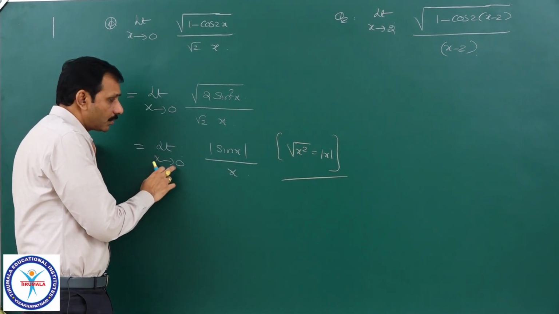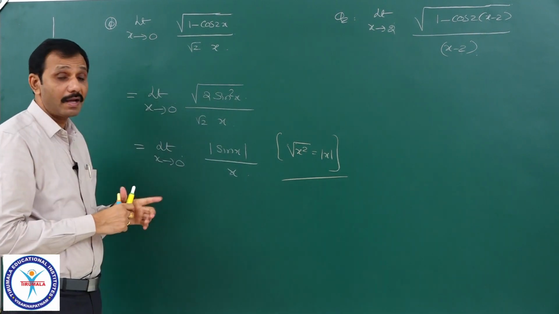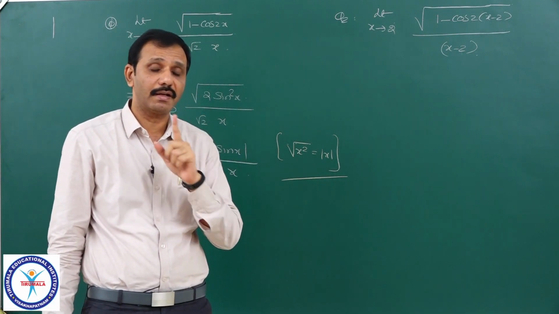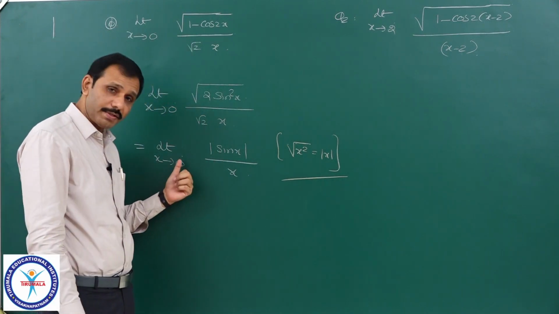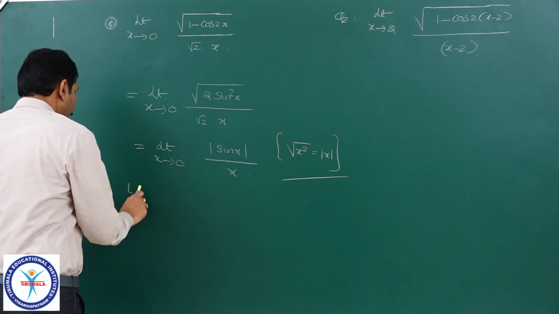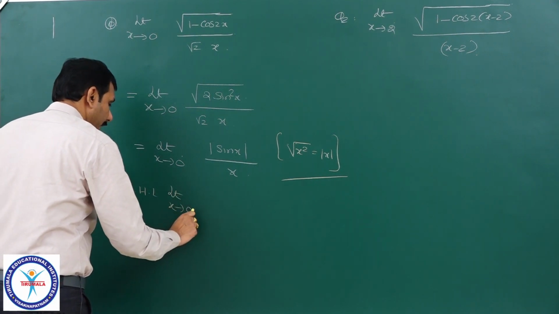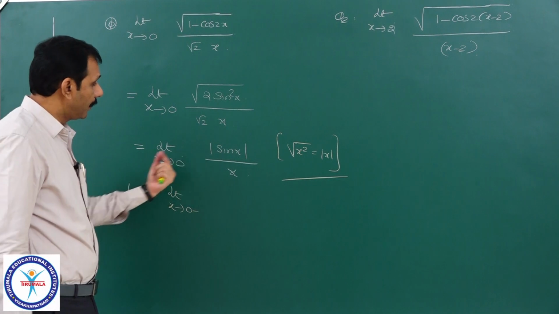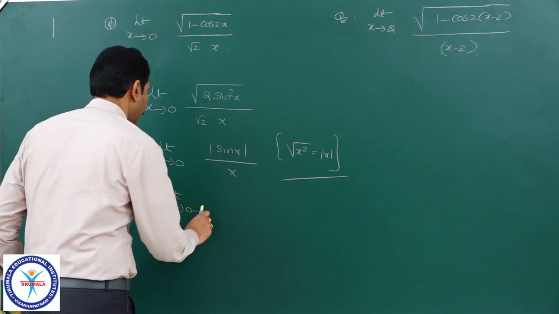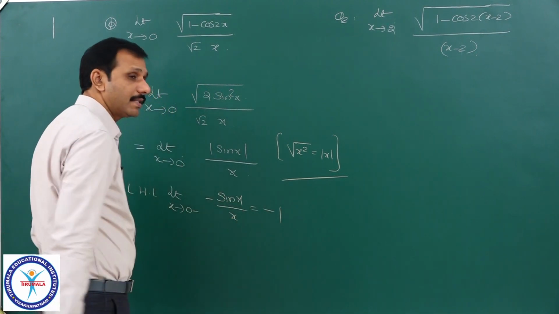Now you see, as x tends to 0, it is mod sin x by x. Because modulus is there, you need to take care of the definition of limit. Means you have to check both left hand limit and right hand limit. Left hand limit: limit x tends to 0 minus, sin x will become negative, mod sin x will become minus sin x by x, which is equal to minus 1.